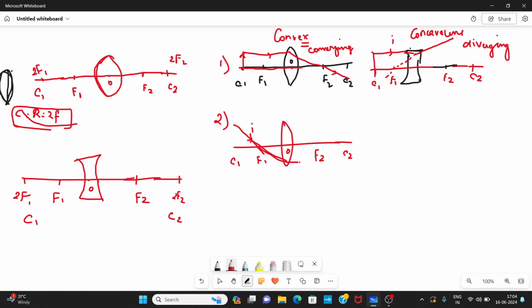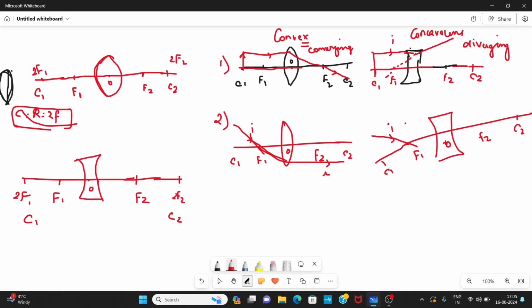It will travel parallel to your principal axis. The refracted ray will travel parallel to your principal axis. In case of your concave lens, this is the optical center, F1, F2, C1 and C2. My incident ray is going to travel through the focus.